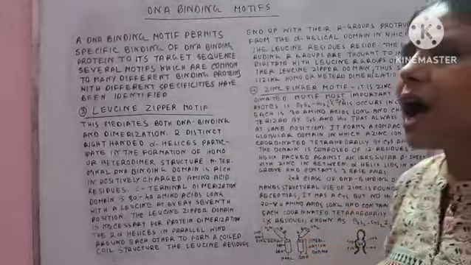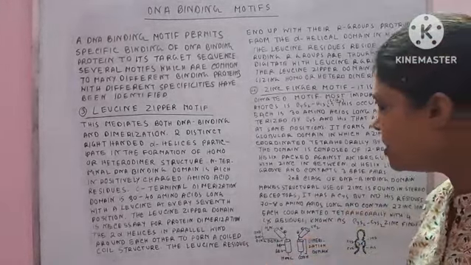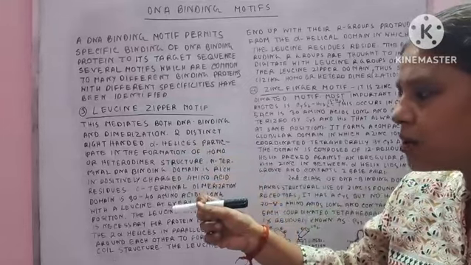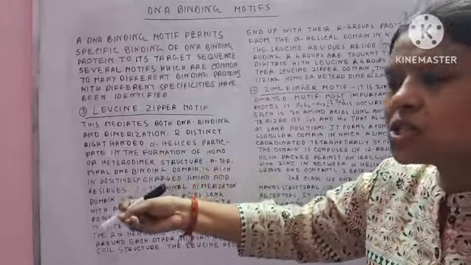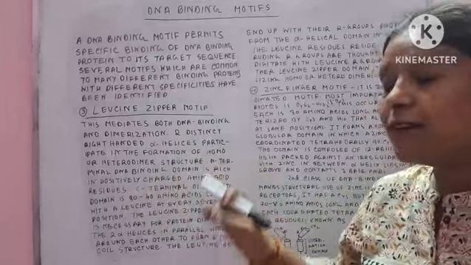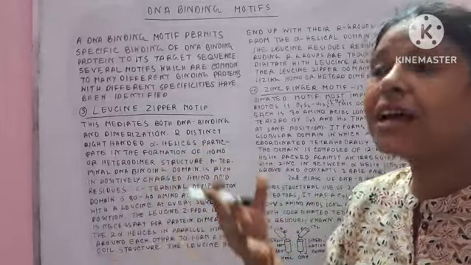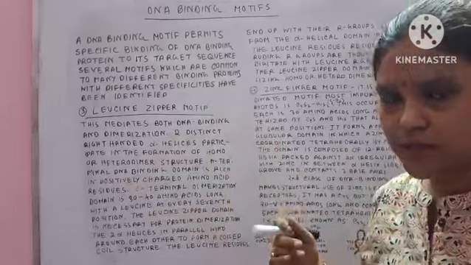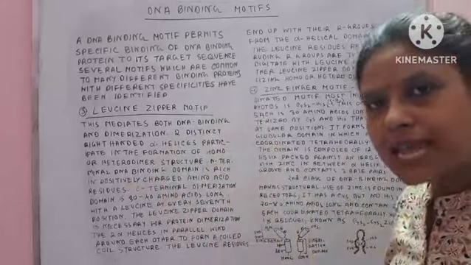Why is this important? Because these R groups make a bond with the R groups of another alpha helix.